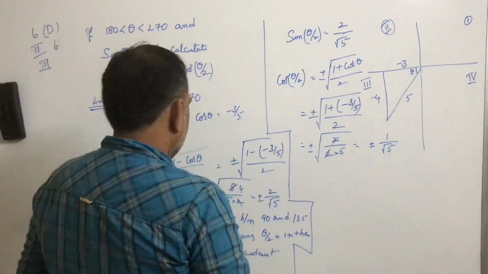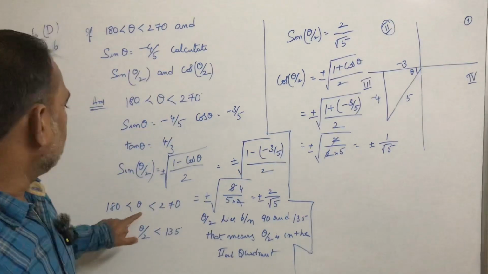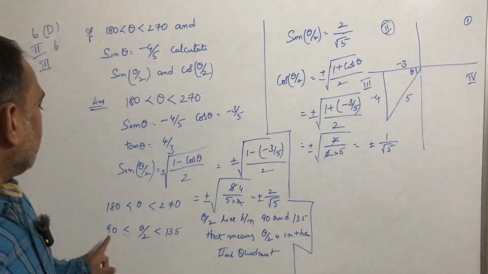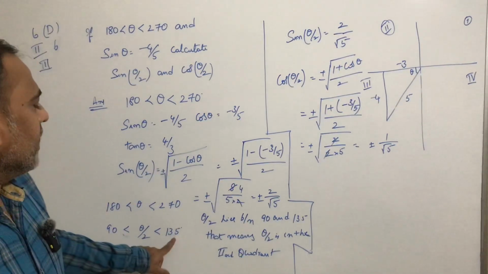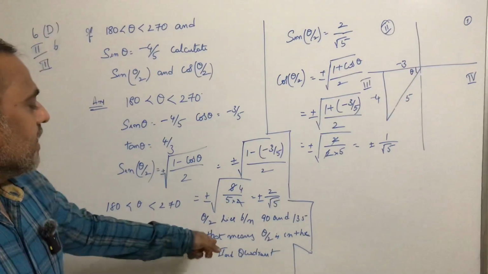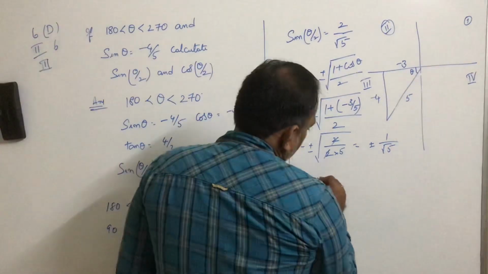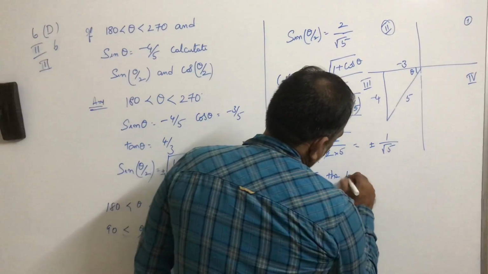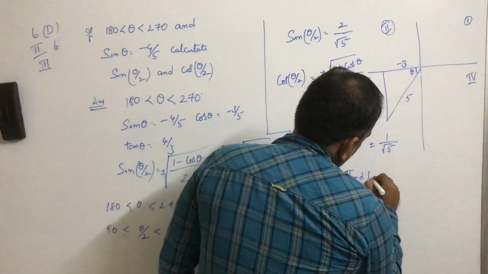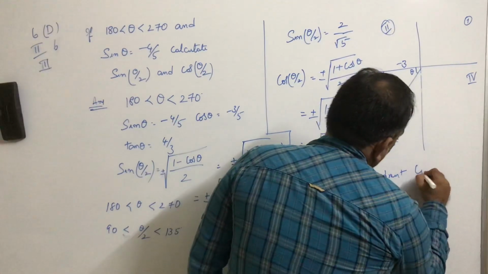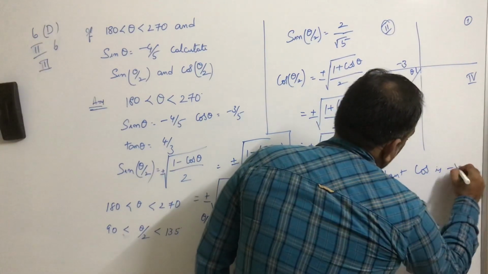But same logic: theta is in between 180 and 270, theta by 2 is in between 90 and 135, right? That means it lies in the second quadrant. In the second quadrant, cos is negative.